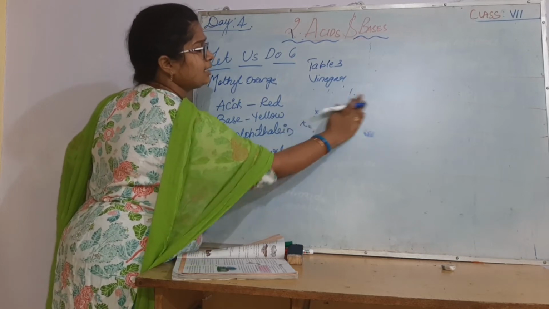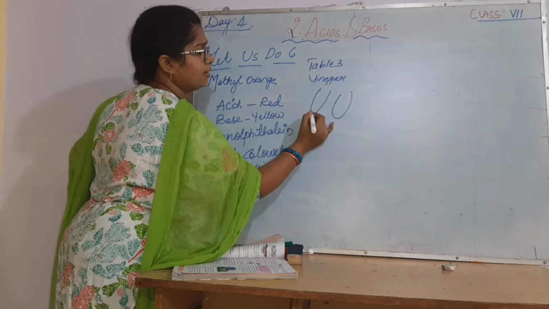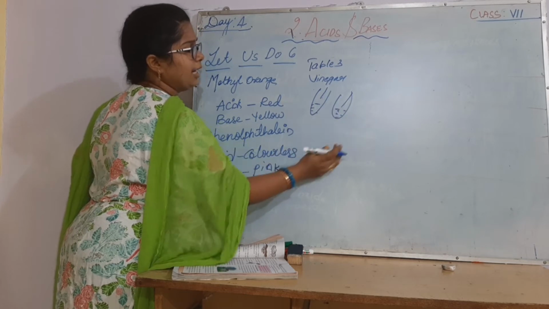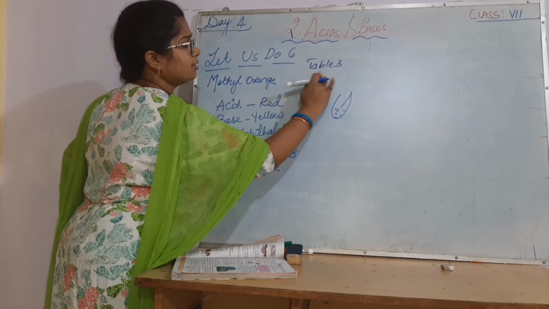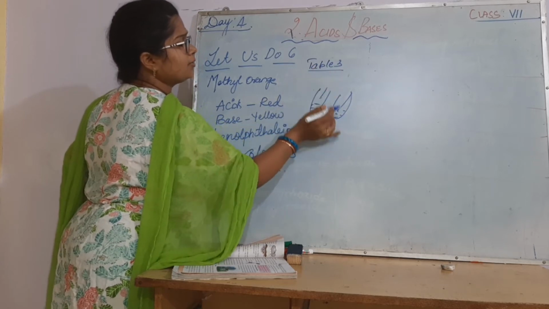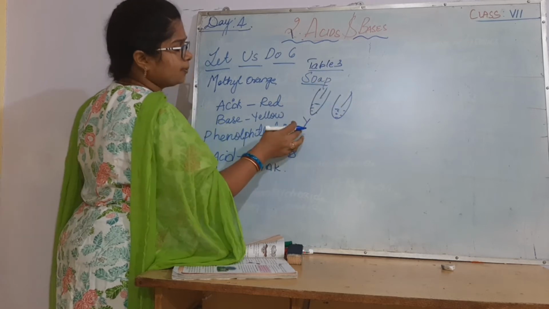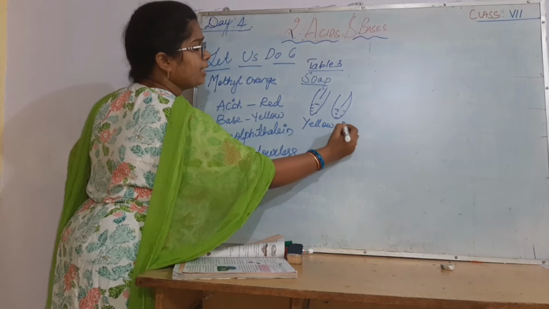That is in acids. In a base, say soap water, if you take methyl orange and phenolphthalein solution with the dropper and add it, then what happens? In soap water, methyl orange will be yellow in color and phenolphthalein turns pink in color.